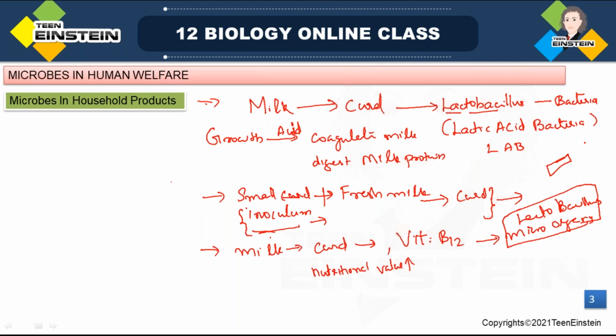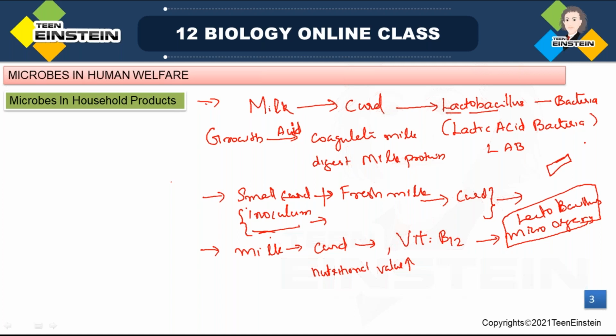Okay. So when milk is becoming curd, the nutritional value of curd is high compared to milk. Okay. So the curd also has vitamin B12 content. The nutritional value is high. Okay. And the small quantity of curd which is added to fresh milk is called inoculum.